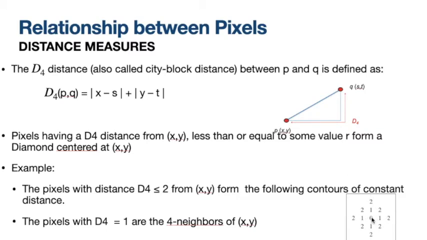Here this 0 is the pixel with coordinate (x, y). The pixels with D4 equal to 1 are the 4 neighbors of (x, y), and with 2 is the next 8 neighbors.